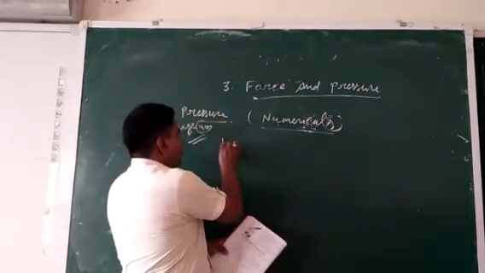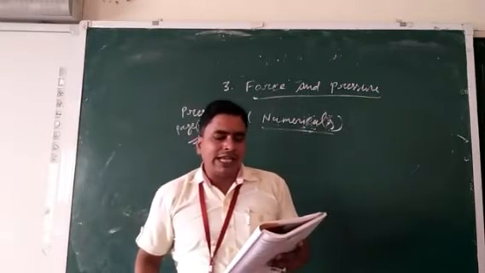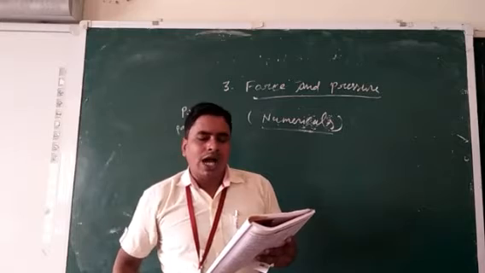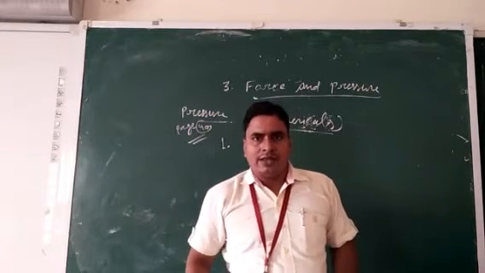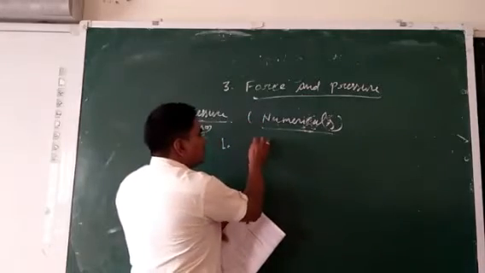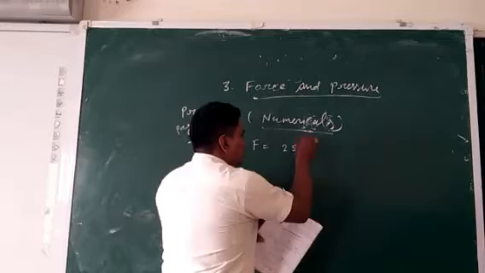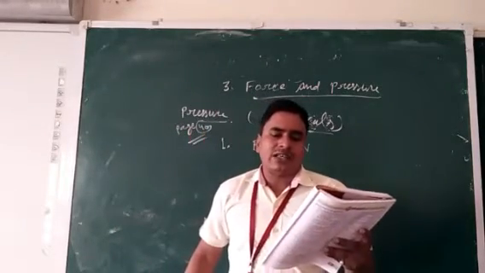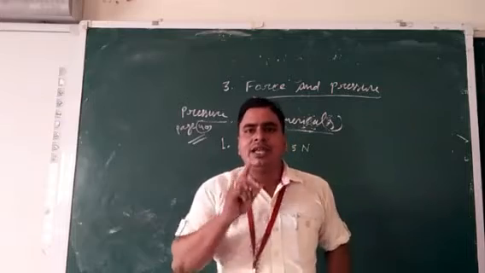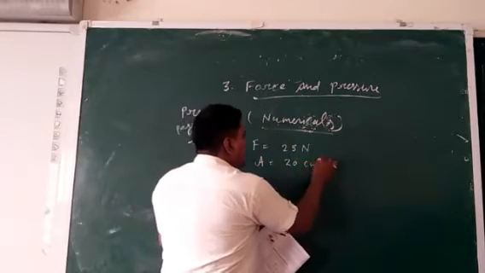Question 1. What is given? A force of 25 Newton acts on a body of area of cross section 20 centimeter square. Force is given in this question, 25 Newton, and area is given, 20 centimeter square.